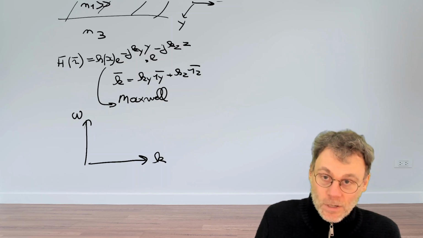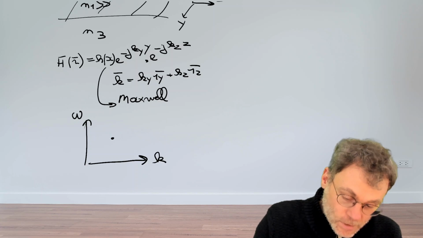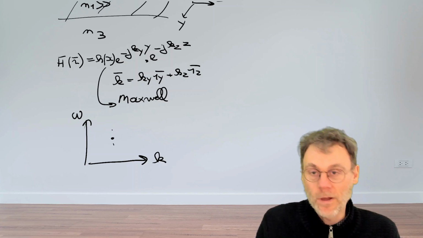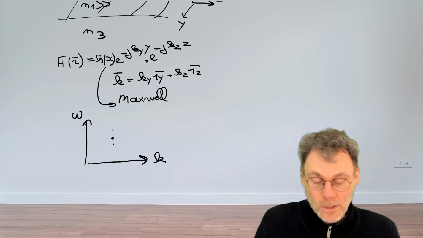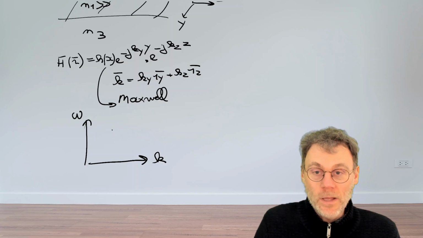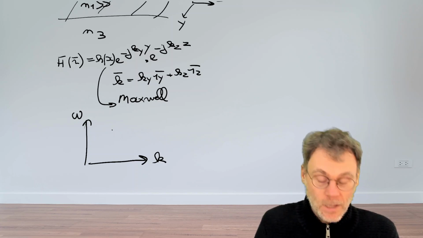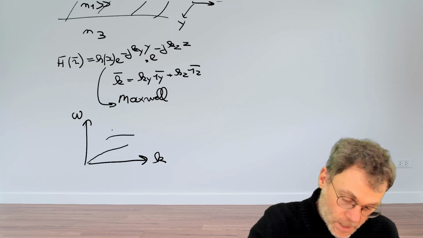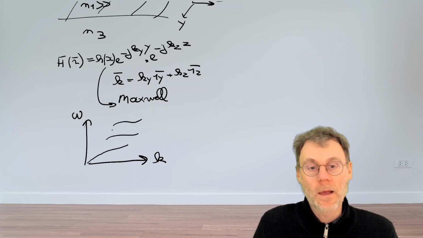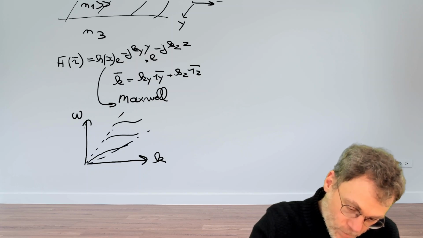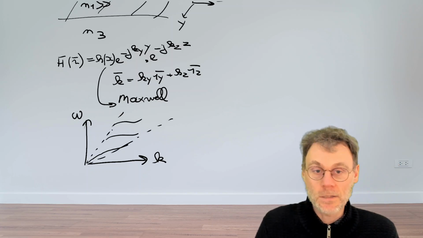Let's just say that every time we find a solution, we indicate it with a dot in this diagram, and then we just do that for different k values or for different frequencies, and then we just join all the dots. What we then observe is that some of these solutions will tend to cluster in lines like this, and actually they are in between a certain number of straight lines like this.